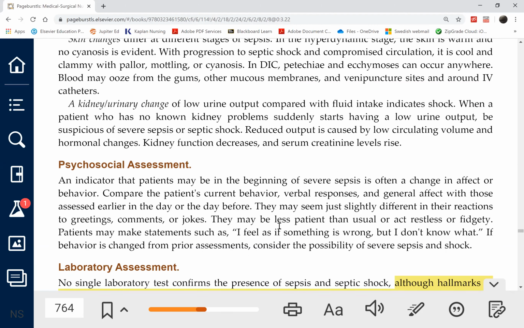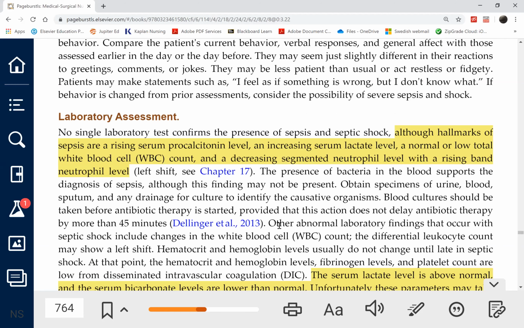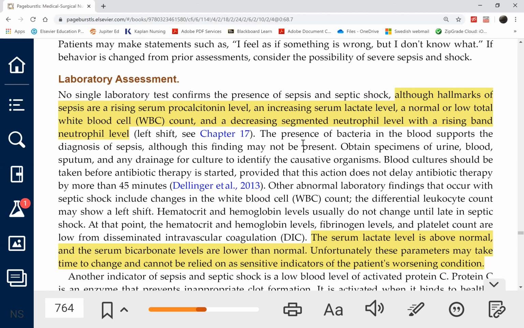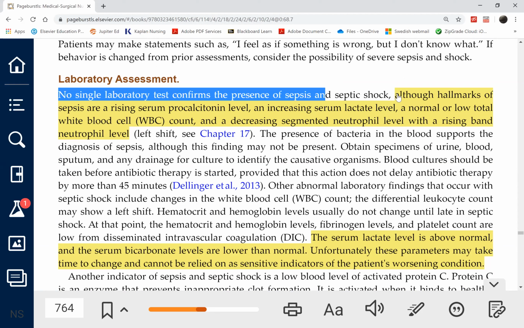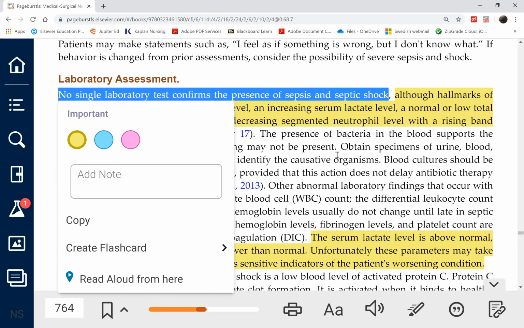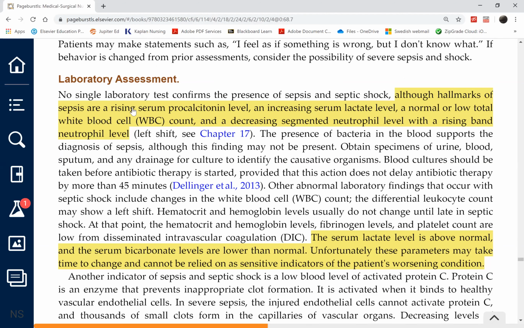So how do we monitor? This is the crucial part. Nurses will have to monitor labs, and here no single lab test will confirm sepsis and septic shock. There are a few here, namely a rising procalcitonin level and increasing serum lactate.